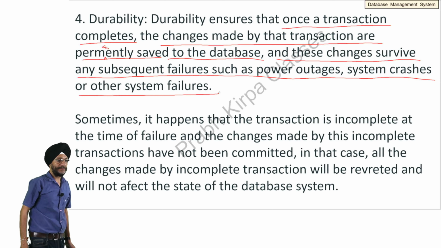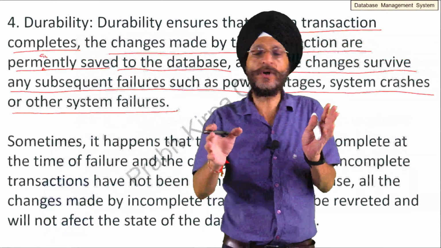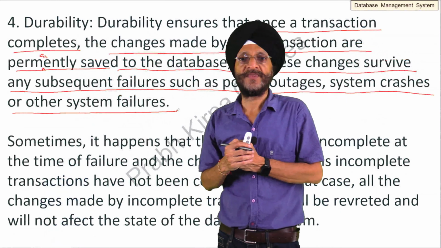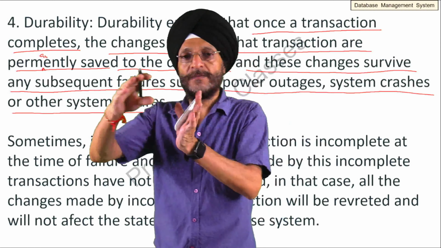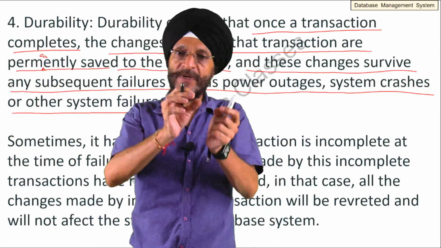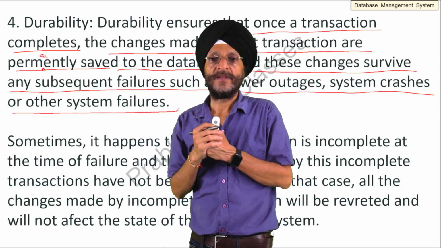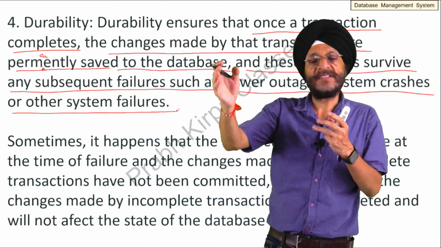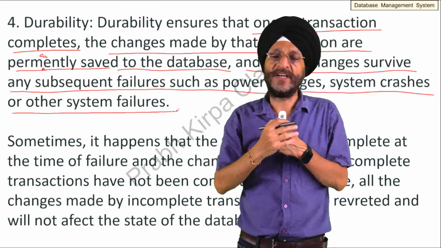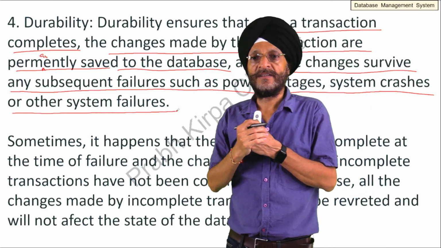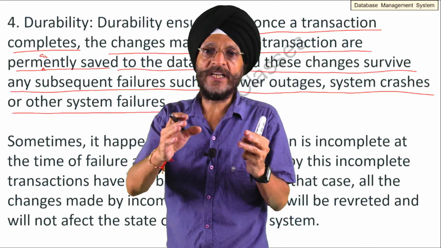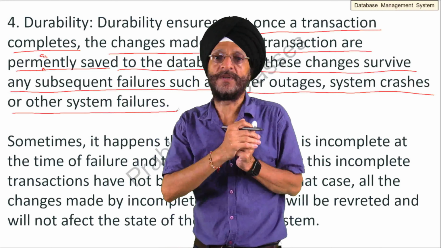It means that once you have completed your transaction, say A has purchased his book, he has made the payment, and the message has been received from the online site that the particular order has been confirmed.